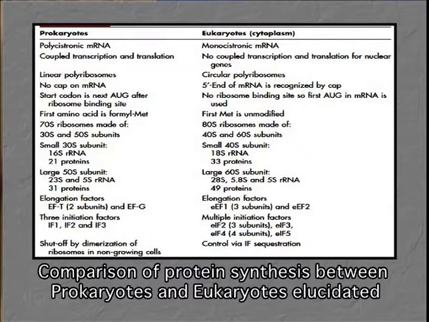The third important difference is that in prokaryotes, there exist linear polyribosomes, whereas in eukaryotes, the polyribosomes are circular in nature. Next difference is that in prokaryotes, we don't see any capping of the mRNA, whereas in eukaryotes, there is a capping at the 5' end of the mRNA.